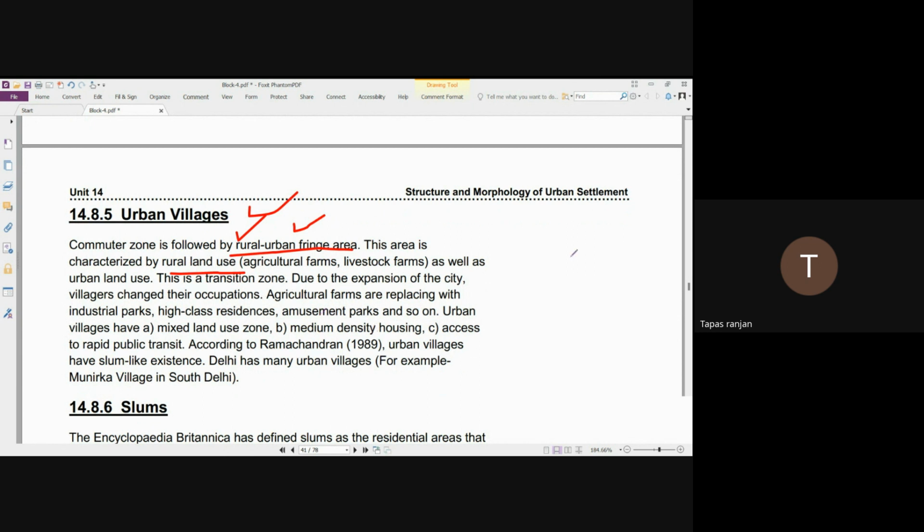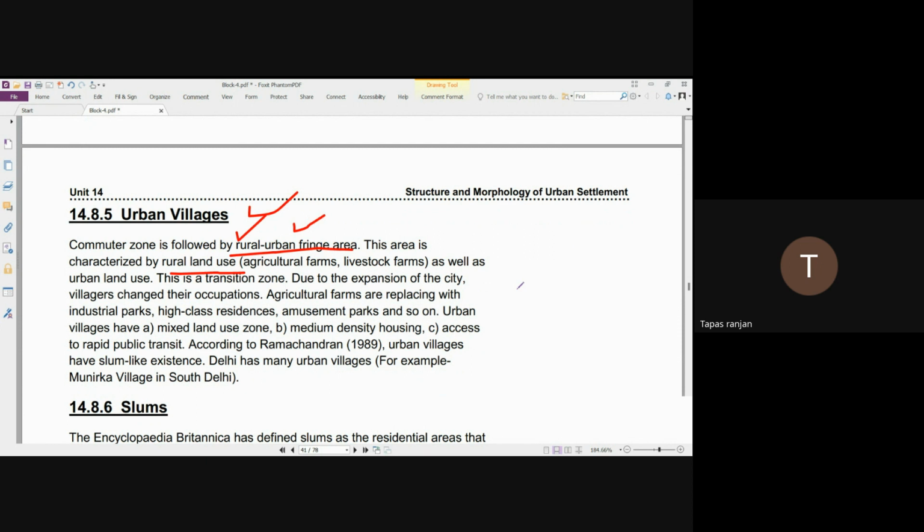And if you observe the growth of any city, you'll see that when it grows outwards, there will be different rural settlements.